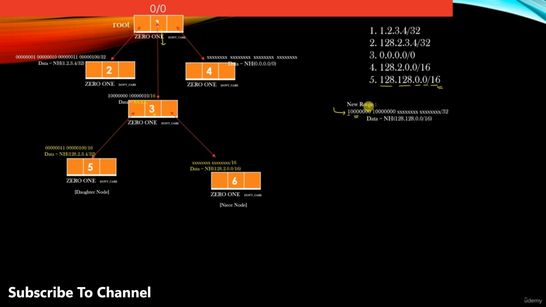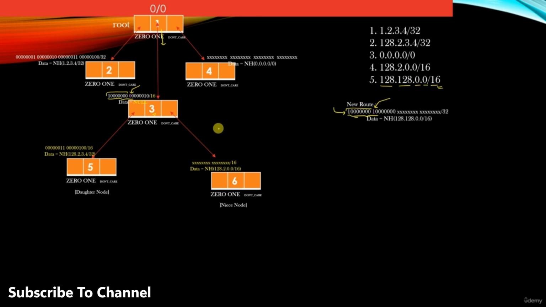And now we start comparing the effective prefix bits of the new route with the effective prefix bits of the current node in the mTry. So you can see that the first 8 bits of node number 3 match with the first 8 bits of the new route, but the mismatch happens at the following bit, that is bit 0 in node number 3 and bit 1 in the new route.